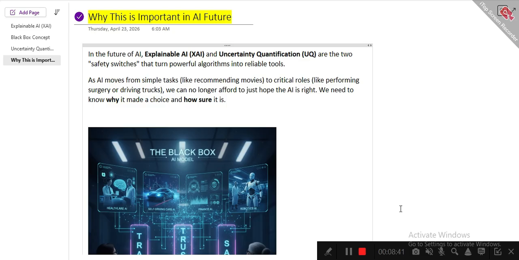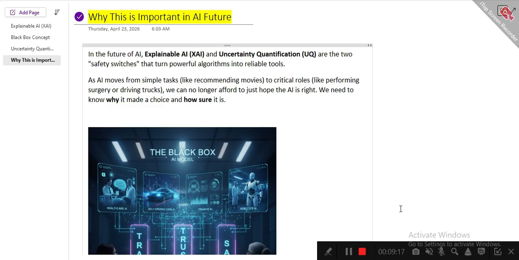As AI moves from simple tasks like recommending movies to critical roles like performing surgery or driving trucks, we can no longer afford to just hope the AI is right. We need to know why it made a choice and how sure it is. As AI is used in healthcare, self-driving cars, and finance, we need systems that are transparent and safe.